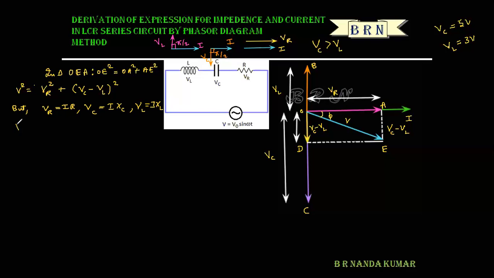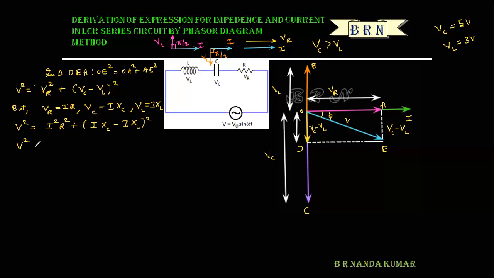So V squared is equal to VR squared, that is I squared R squared, plus VC, that is I into XC, minus VL, that is I into XL, whole square.